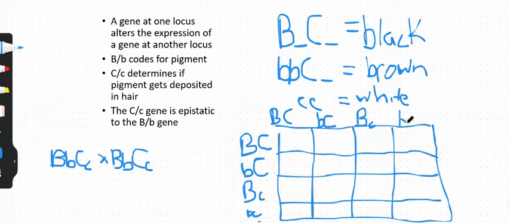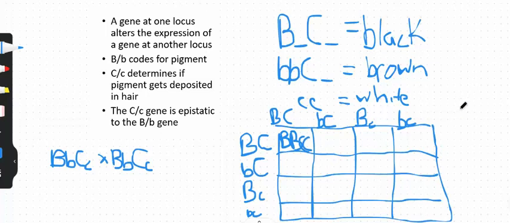Okay, so just like we did with all the Punnett squares, the next step is to populate these squares. What we're doing is imagining the fusion of this gamete with this gamete. So we're populating the squares with the diploid genotype of the offspring resulting from that fertilization event.